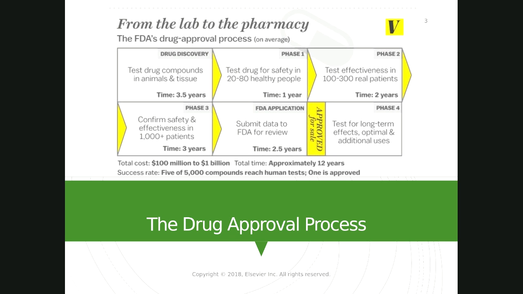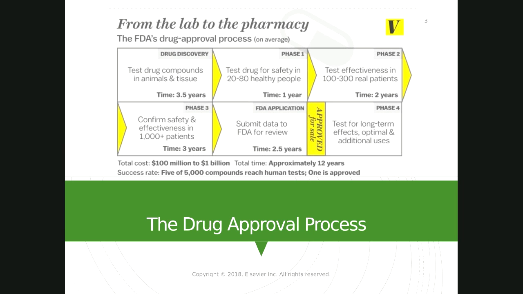Now, as I was saying, you can see the process of the drug approval and how it goes about and how long it takes. And with this, you will see that you have 4 different phases of the research.